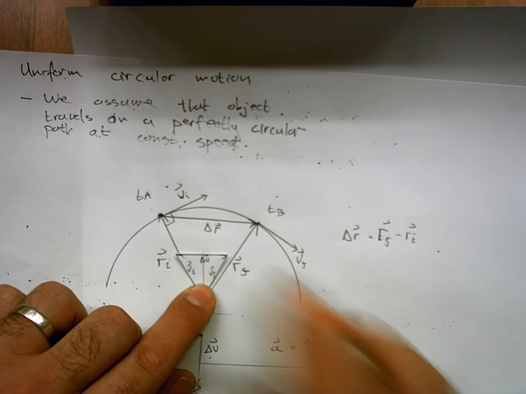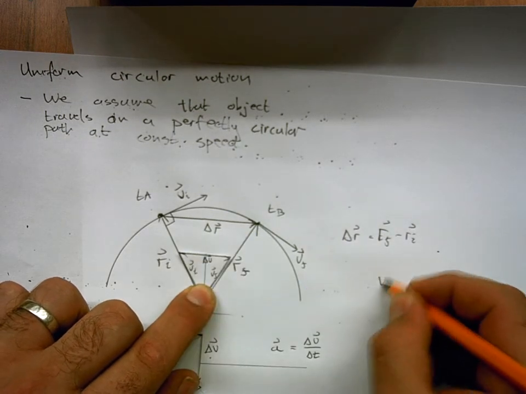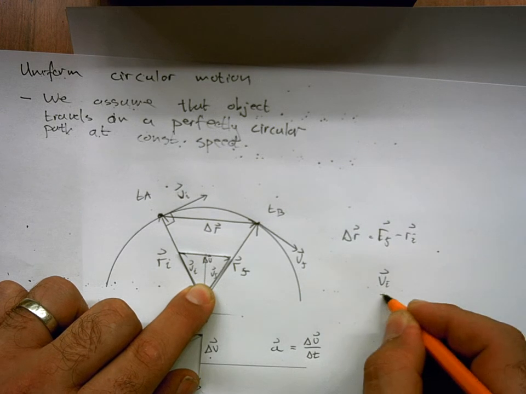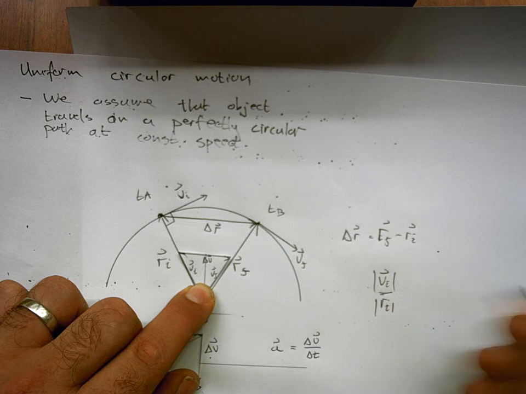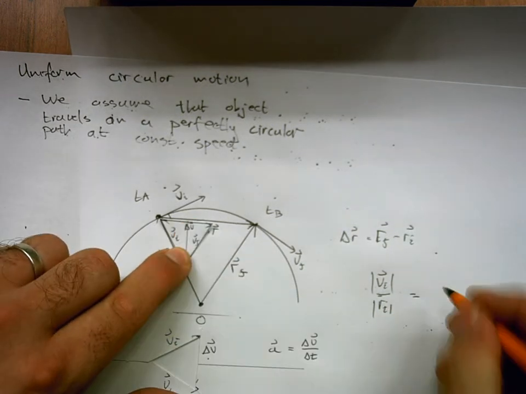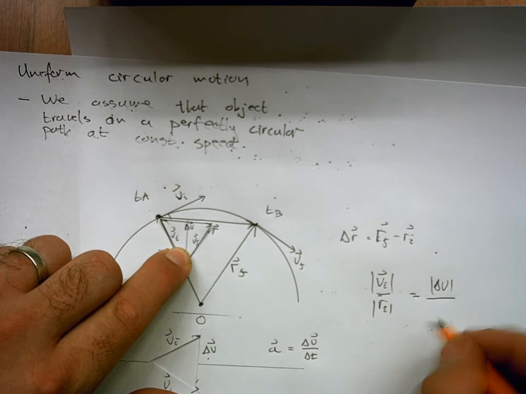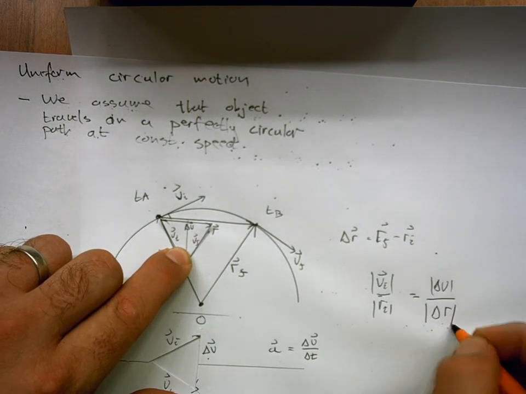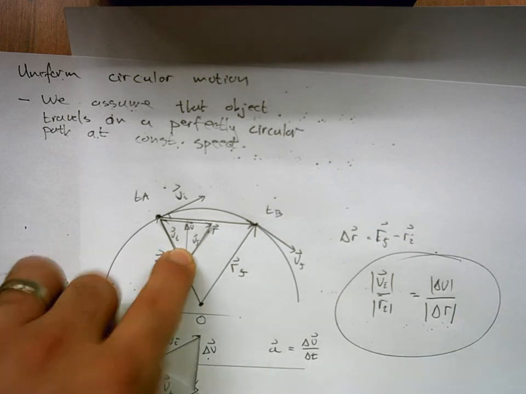I can now write, for example, if I take the ratio of the initial velocity over the initial position, so those magnitudes, it is equal to the ratio of the change in velocity over the change in position. And we're going to use this relation tomorrow to derive an expression for the acceleration.